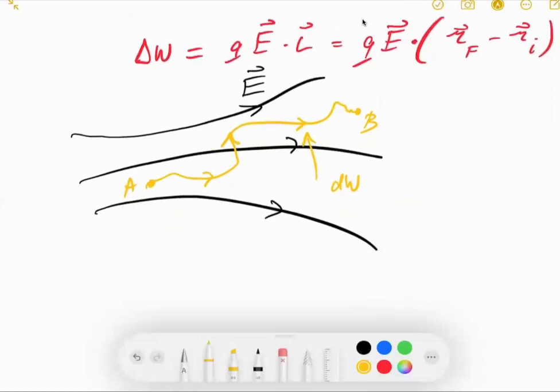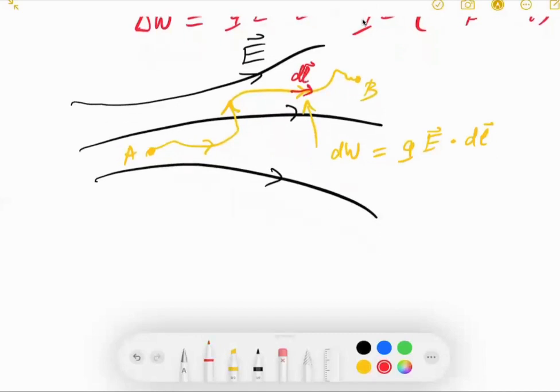Now, that work would be Q times E times dl vector, where dl vector is the infinitesimal path segment along the length of this path. So the total work, again, we can now rewrite. We can just say it's the integral of E dot dl vector.